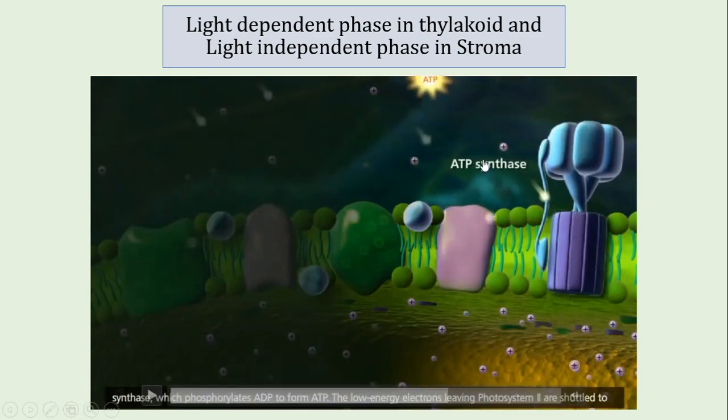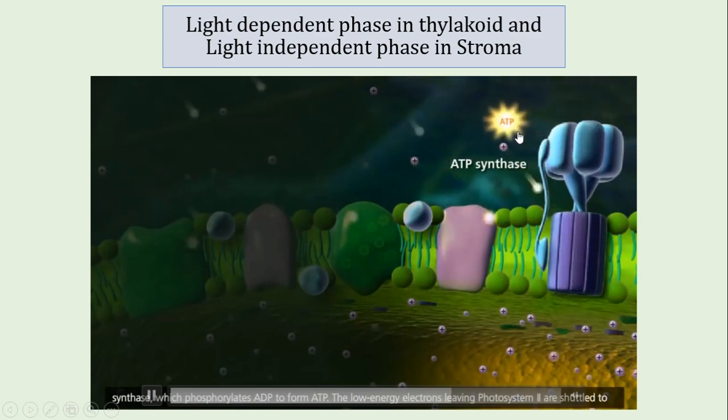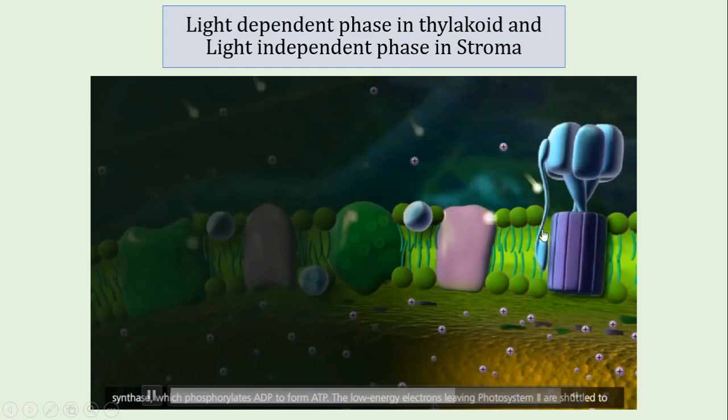We have also discussed that the ATP synthase enzyme produces adenosine triphosphate by combining a phosphate group with adenosine diphosphate. So here we see the ATP synthase enzyme working to produce adenosine triphosphate, which phosphorylates ADP to form ATP.